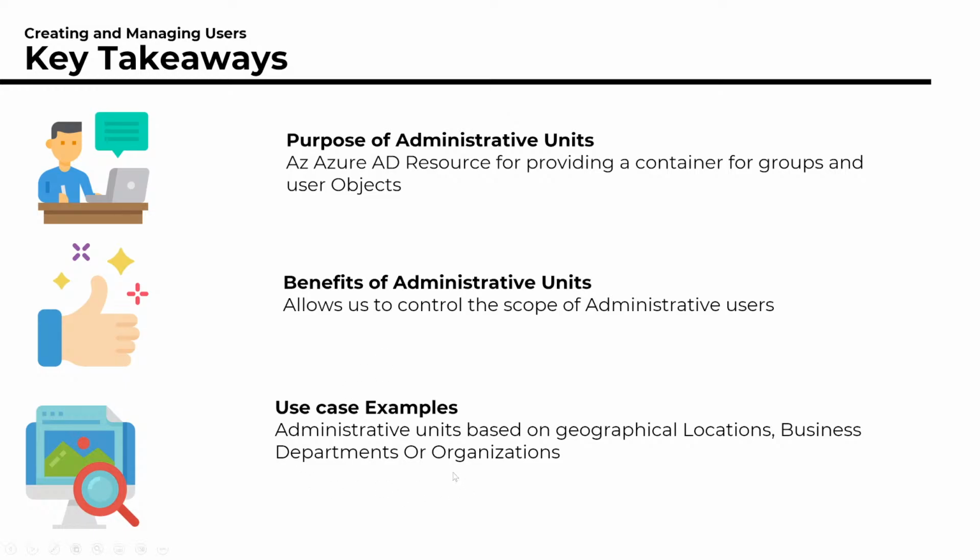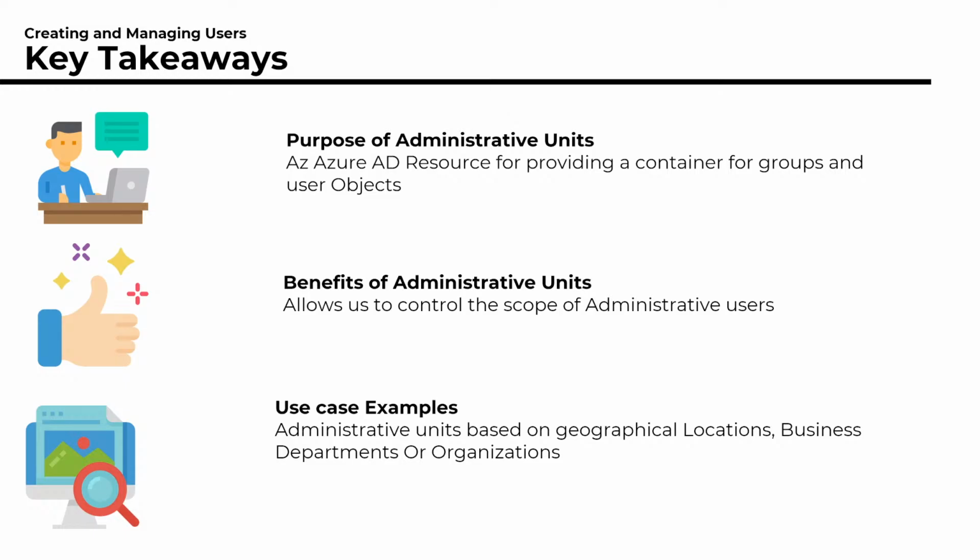These administrative units we can create based on the geographical locations, or based on the business departments, or based on the teams that we have in the organization. Let's say we have Nosfer with two different branches, one in India and another in the UK.